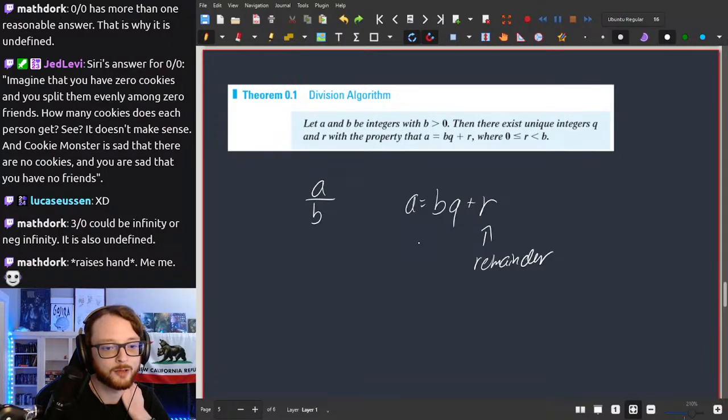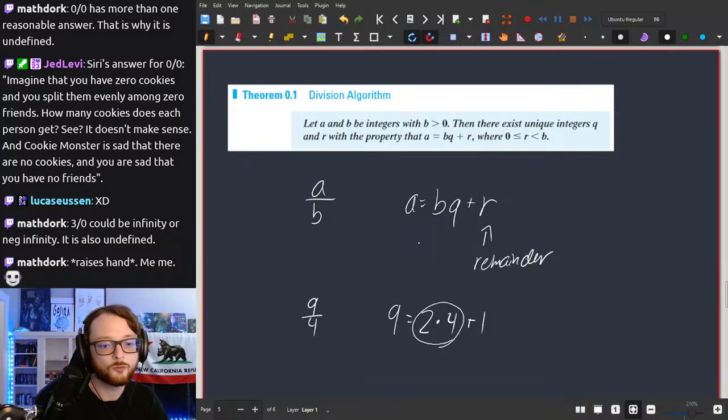If I want to do 9 divided by 4, in this equation it looks like 9 equals 2 times 4 plus 1, because 4 goes into 8 two times, and then you have a remainder of 1. And that's how we define division at the fundamental level.